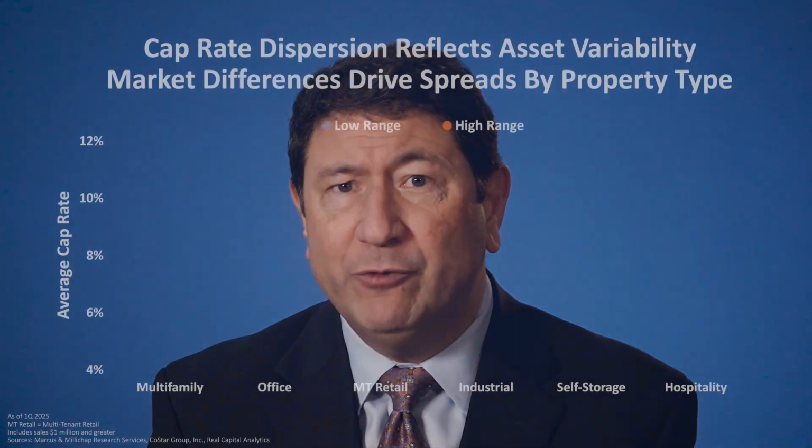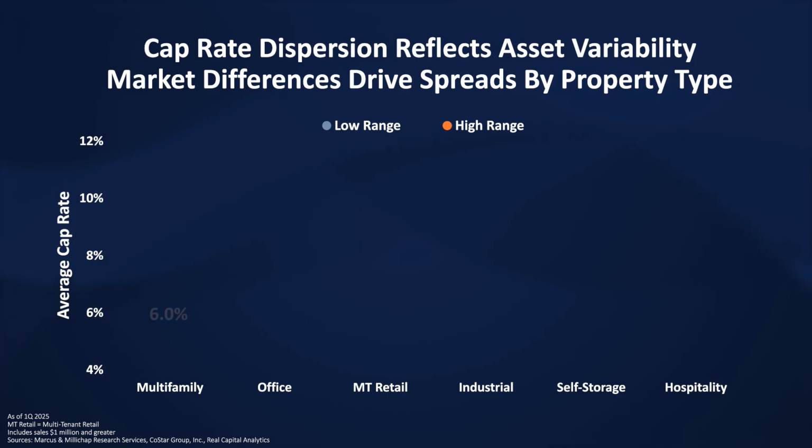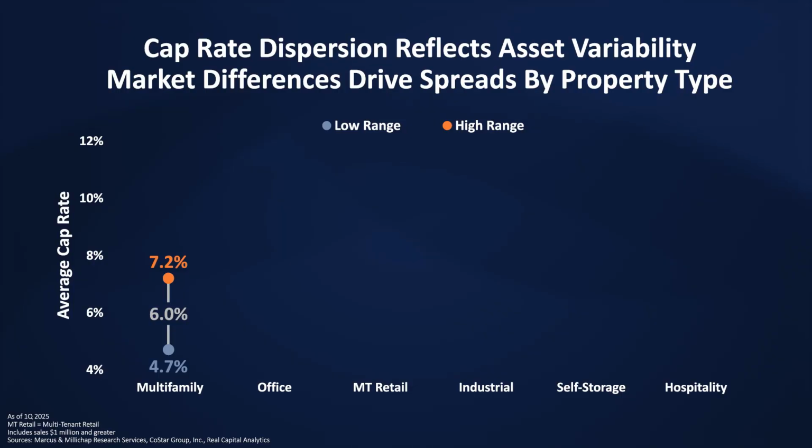So even though the average cap rate for apartments is 6%, the cap rate range is somewhere between 4.7% and 7.2%. And of course, there are outliers beyond that 250 basis point range. For office properties, the average cap rate is 7.9%, but we have a range from 6.1% to 9%, a 290 basis point spread.